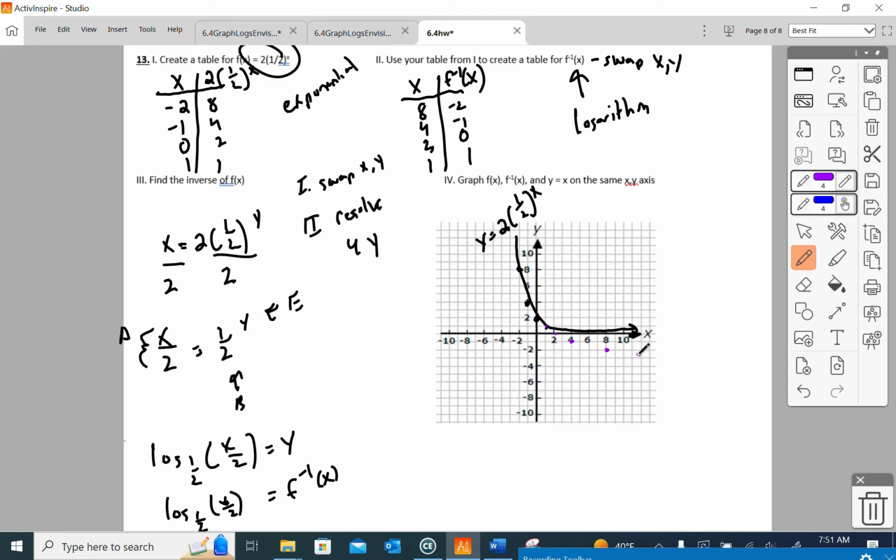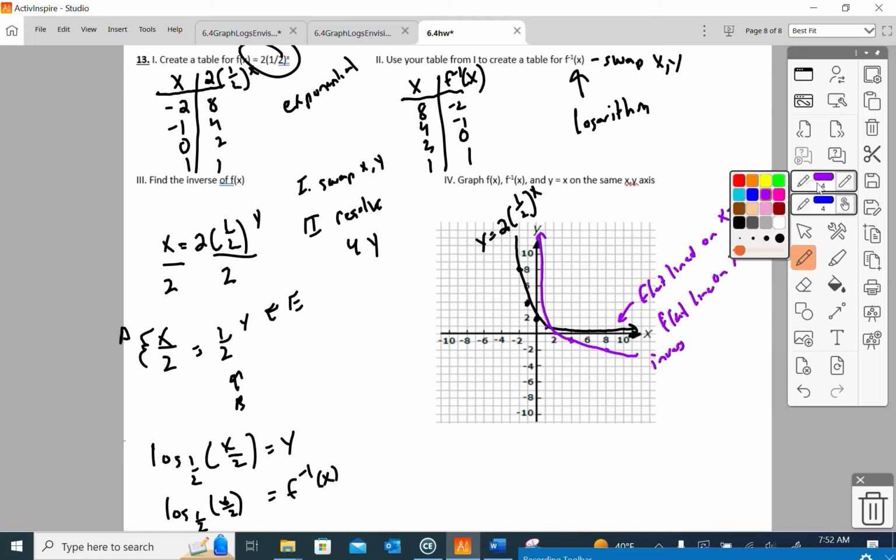This isn't the best example for showing inverses, but it's going to flatline on the y-axis. Notice that this guy flatlined on the x-axis. The inverse has to flatline on y, because they're going to do the opposite things.